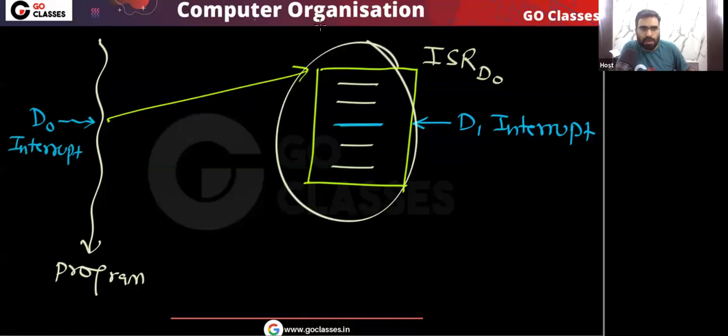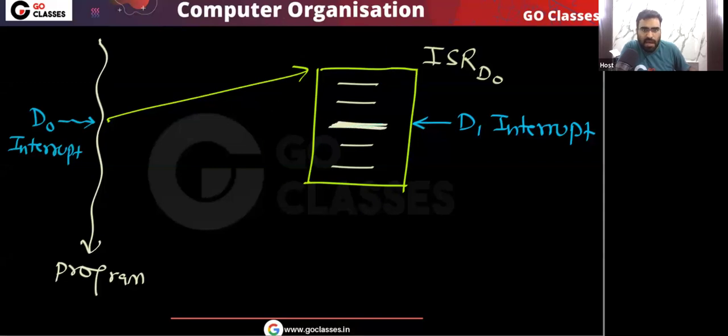Because this is a normal program, the CPU will execute this instruction completely. After that, the CPU will save this ISR in the stack, in the control stack, and then the CPU will jump to the ISR of D1.